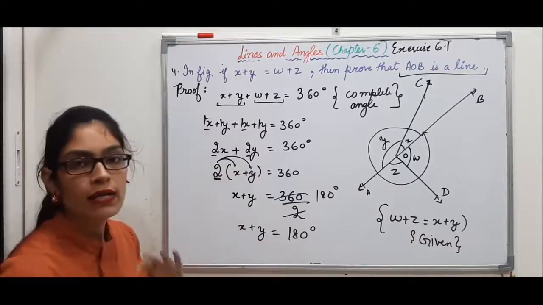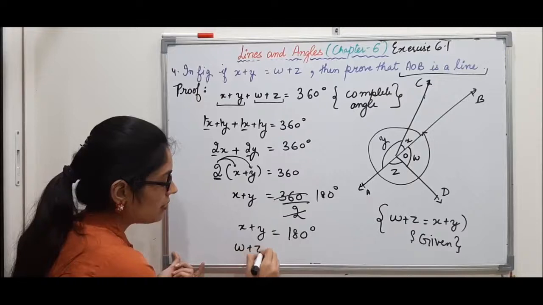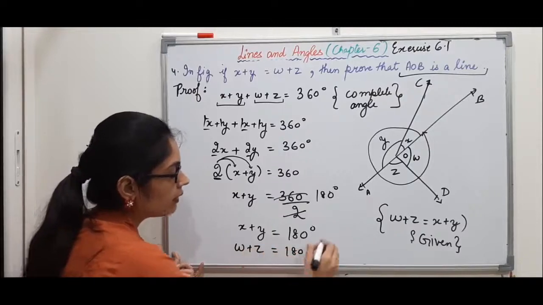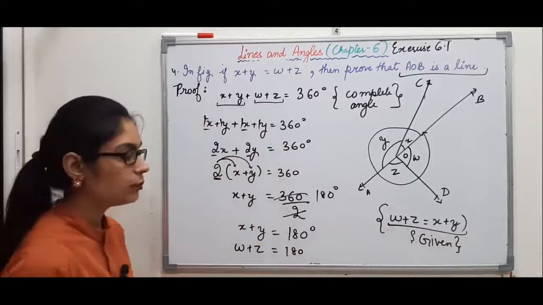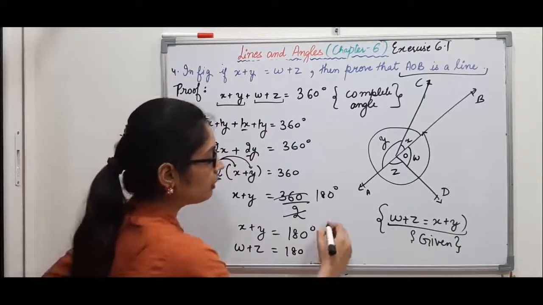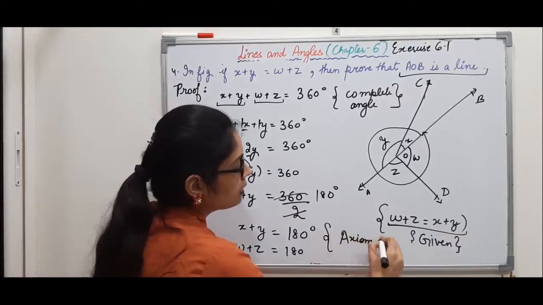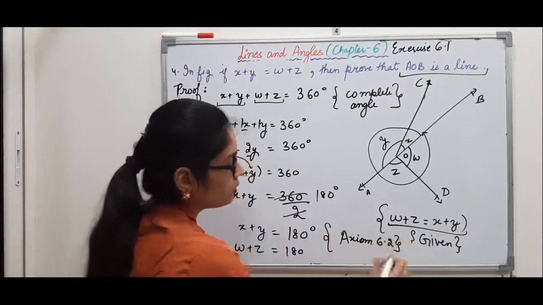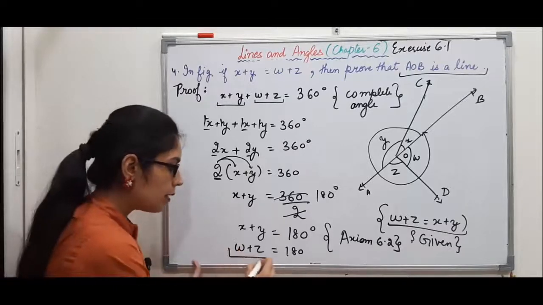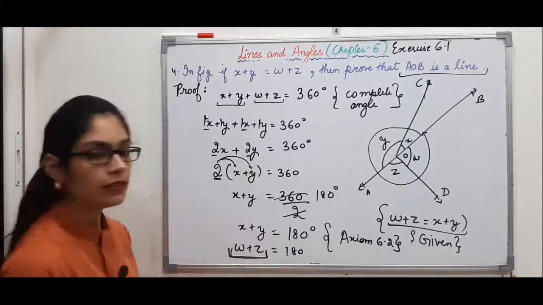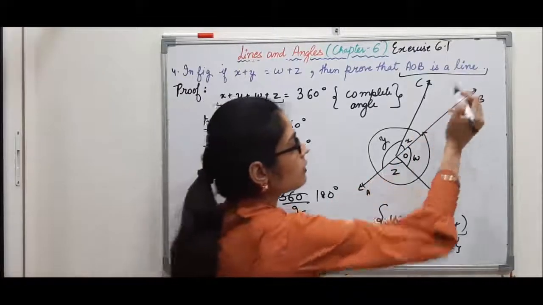If x plus y is equal to 180 degrees, then w plus z is also equal to 180 degrees, because w plus z is equal to x plus y. Now here we'll make use of axiom 6.2. If you remember that axiom, there we have done: if the sum of the adjacent angles is equal to 180 degrees, then this is a line.